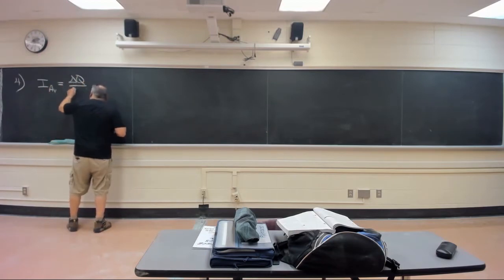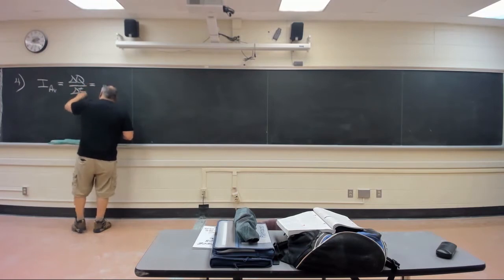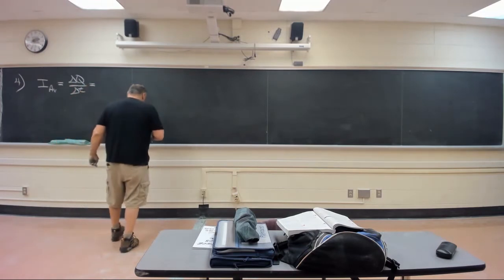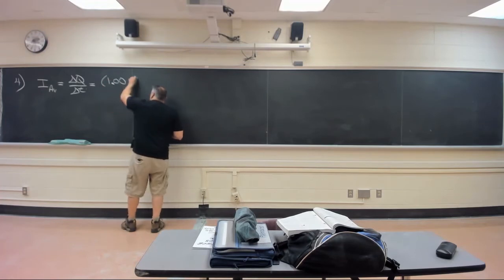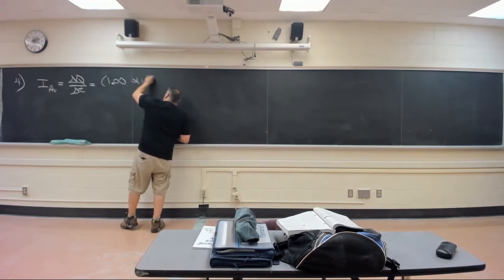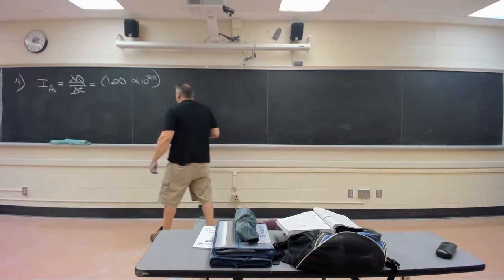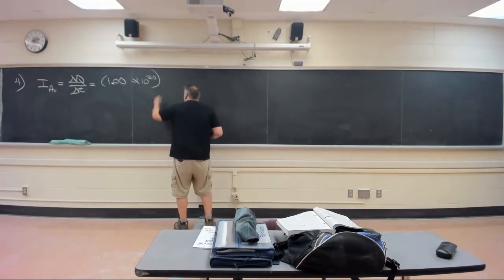It's delta Q over T. We can speak the language a lot of ways, guys. What's going on here? What's the amount of charge? Let's find the amount of electrons first. It's going to transfer this many electrons.